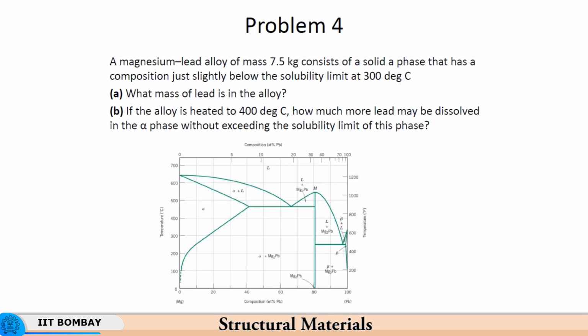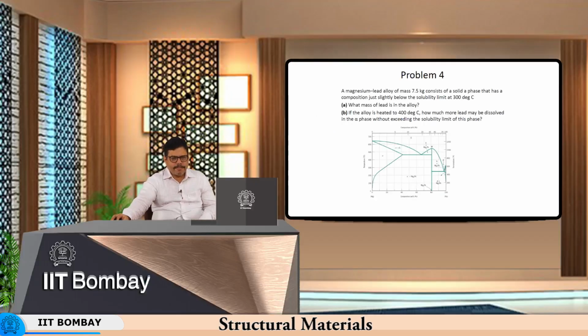On the other side of this 81% lead mark, you will get beta plus Mg2Pb, because it is a lead-rich phase. Your lead is increasing to the right, so the amount of magnesium will decrease, and therefore it will be a very small quantity of magnesium, practically 0 at room temperature, but at this eutectic point an extremely small quantity of magnesium would be dissolved in lead. So that is the second eutectic composition.